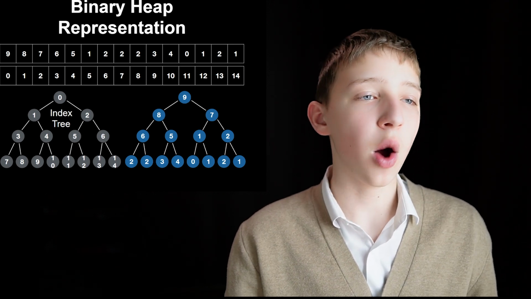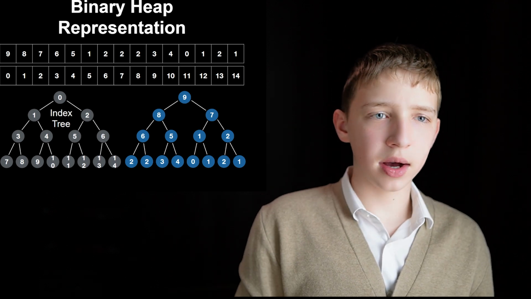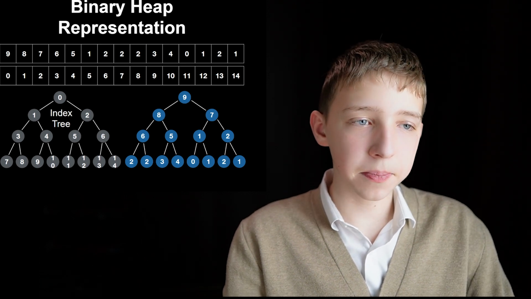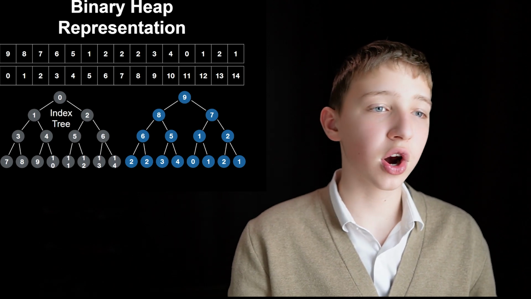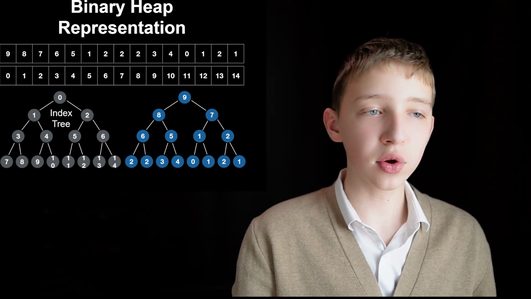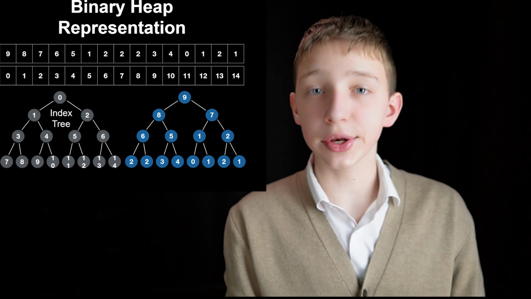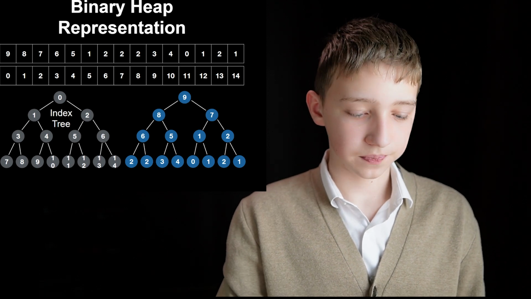This is not the only way, however. A heap might be represented using objects and pointers, recursively adding and removing nodes as needed. But right now we're going to take a look at an array-based construction.